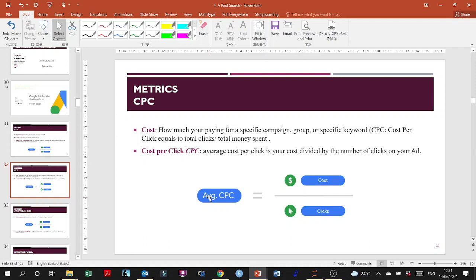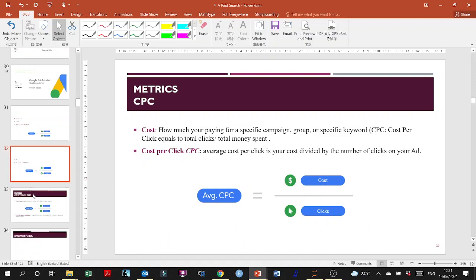Different factors and market parameters change, like the competition intensity and other contextual factors, like if Christmas or Halloween is over and your campaign runs over multiple weeks, the CPC might fluctuate even throughout the same week. So we take the average CPC, which is the total cost over the clicks.